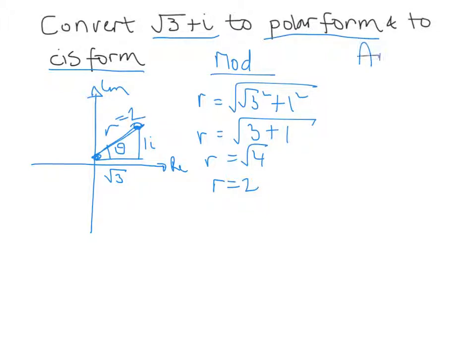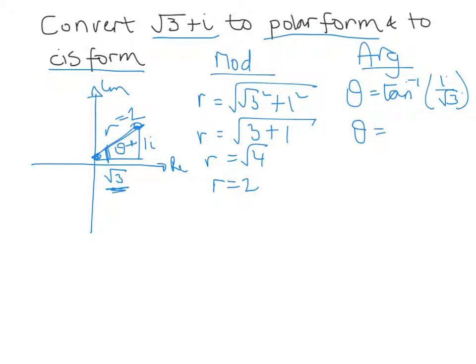Now the argument. We've got to find out this angle here, so that would be inverse tan of 1 over root 3, because if that's theta there, that's the opposite side there, and that's the adjacent side there, and tan being opposite over adjacent would have 1 over root 3.